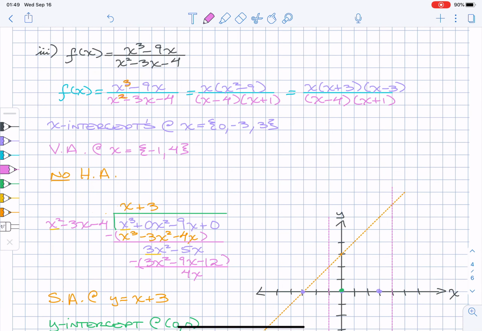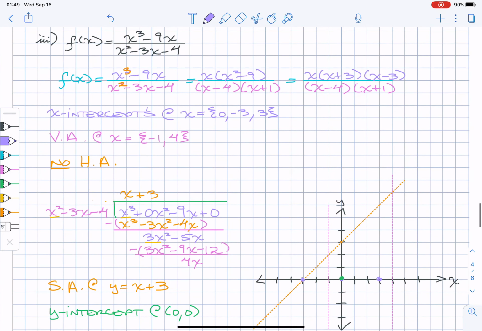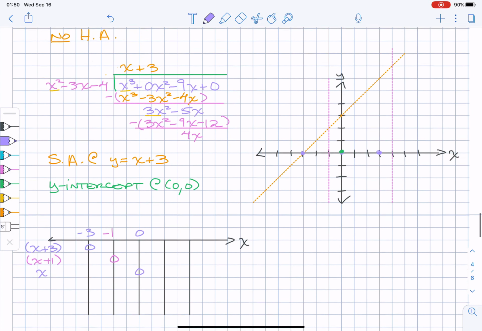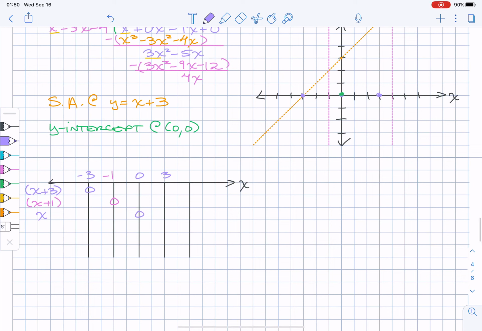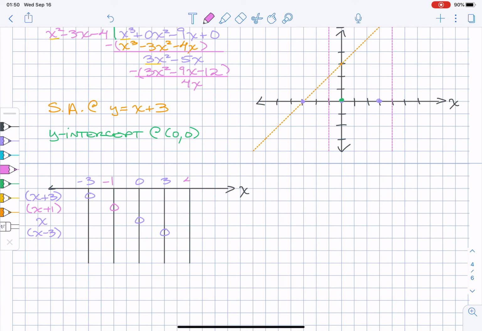Then what do we have? Then we have 0. So x has a root at 0. Then we have +3. So x minus 3 has a root here. Then finally we have x minus 4 has a root at 4.